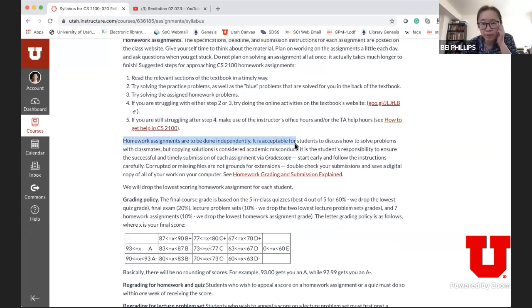It is acceptable for students to discuss how to solve problems with classmates, but copying solutions is considered academic misconduct. It's a student's responsibility to ensure a successful and timely submission of each assignment and stuff like that. So you can discuss how to solve problems, but you should not be copying solutions. Does that make sense?